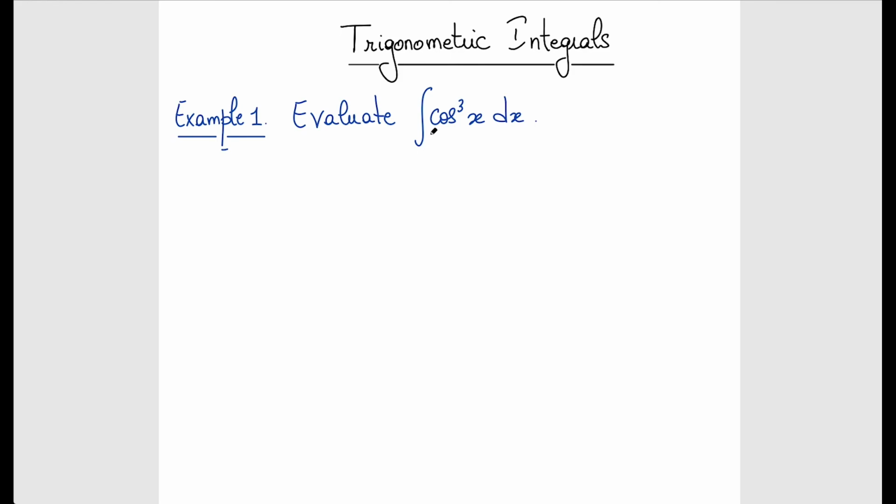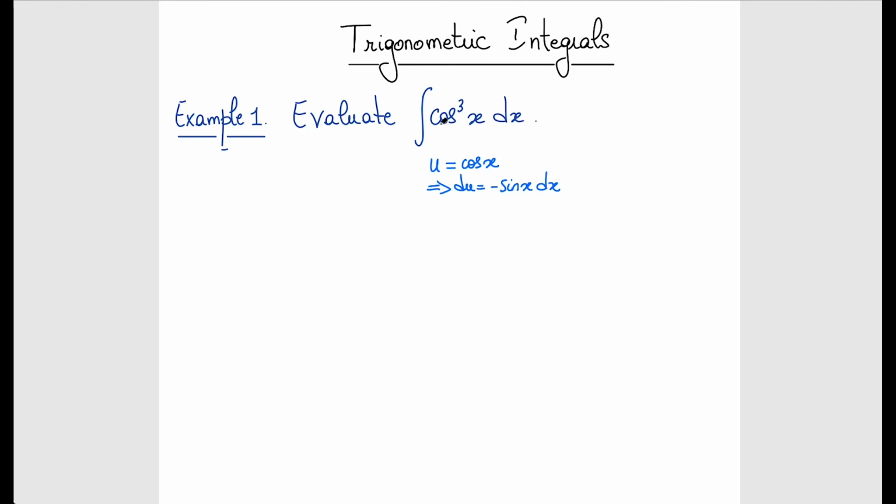Evaluate the primitive of this integrand, which is a power of cosine: cosine cubed x dx. If you try to simply do a regular u substitution by setting u to be cosine, du would be negative sine x dx.